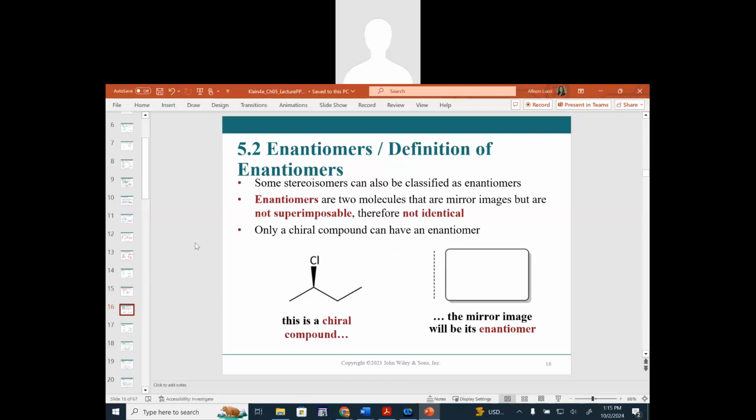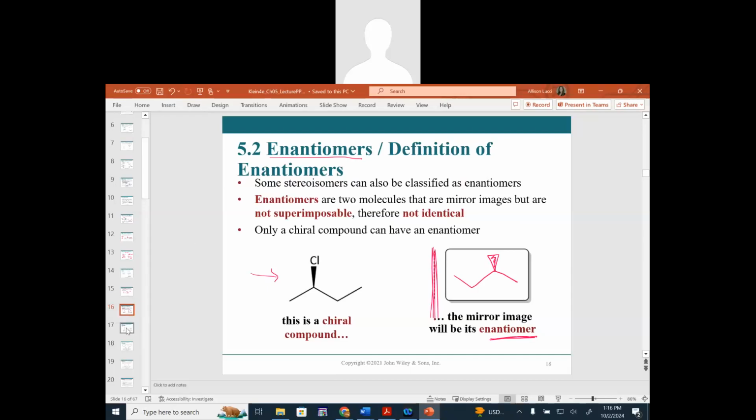This term enantiomer I've used previously to define a non-superimposable mirror image. So we have our chiral compound here, we have our mirror here, and we want to reflect this compound. We would show the mirror image something like this. If we were to reflect this horizontally into this mirror, this will be the enantiomer.